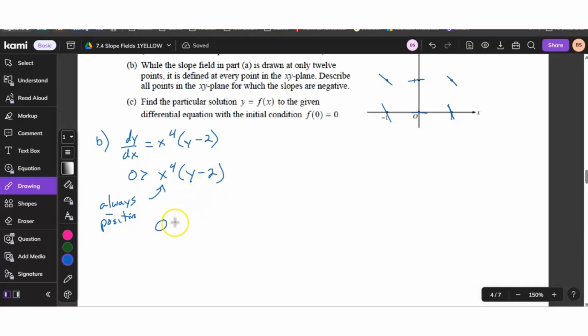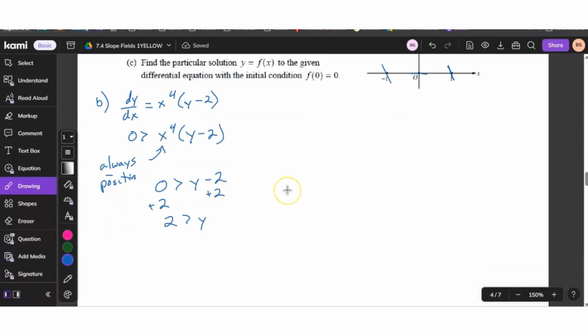So really we're investigating 0 less than y minus 2. So I'm going to add 2 here, because we got to move it to the other side first. So it'd be 2 is less than y. Or greater than y. Y is less than 2. My bad. Okay, so y has to be less than 2.